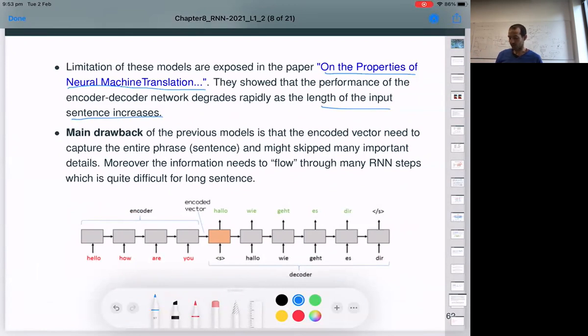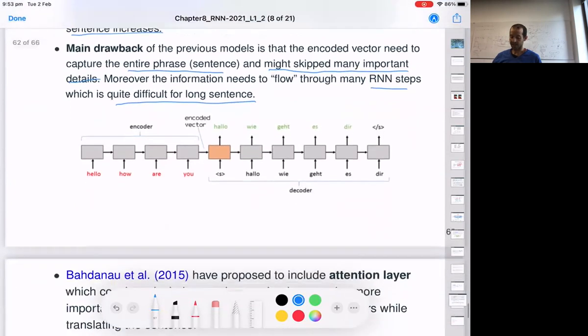And they say also that the RNN step is difficult for long sentences. So you need to capture the facts, but you might skip important details. The good point is that you need to read the whole sentence for translation, but you might skip some important details.